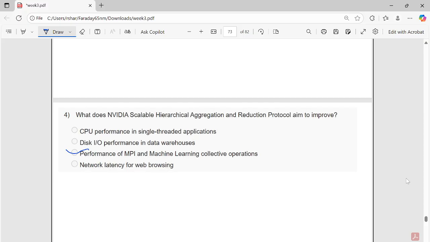This protocol is designed to optimize data aggregation and reduction tasks commonly used in parallel computing and distributed ML workloads. So it is option C.